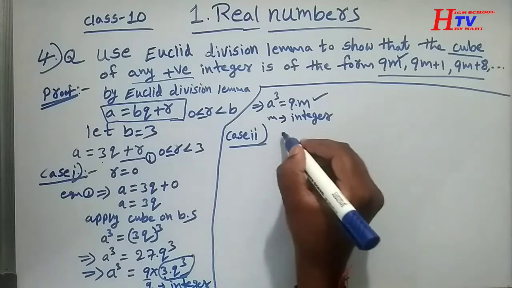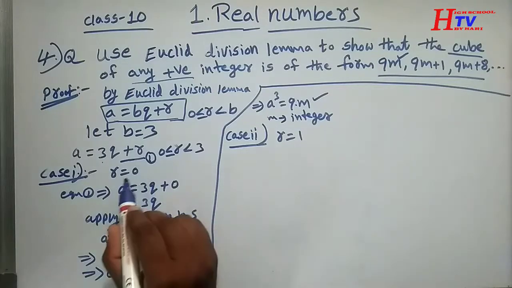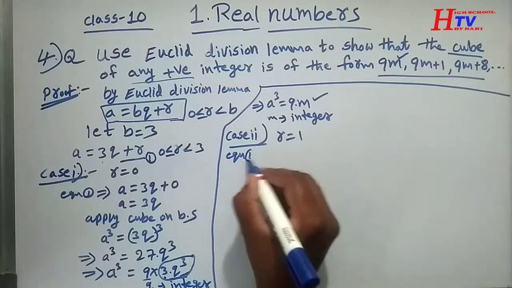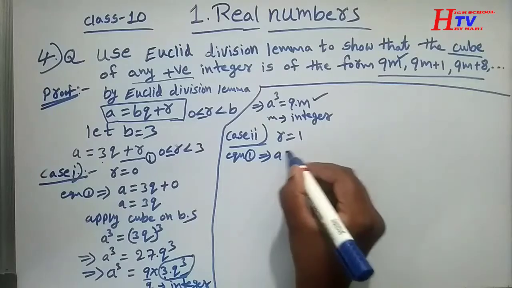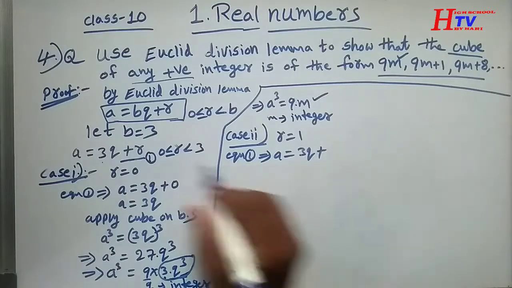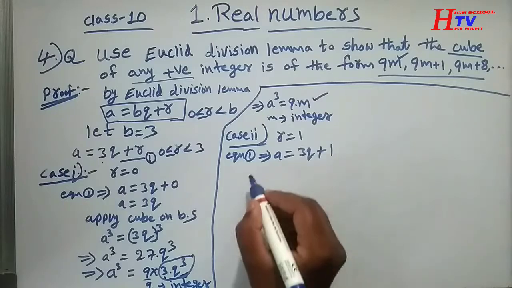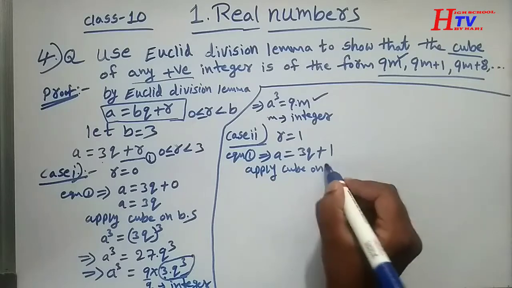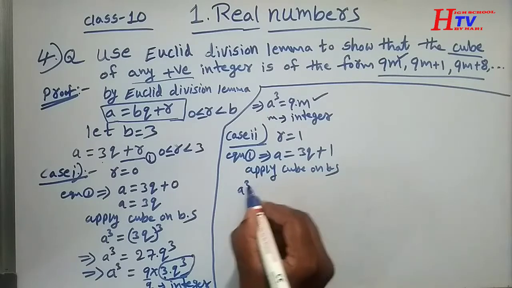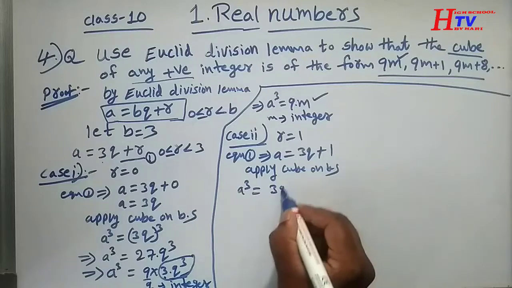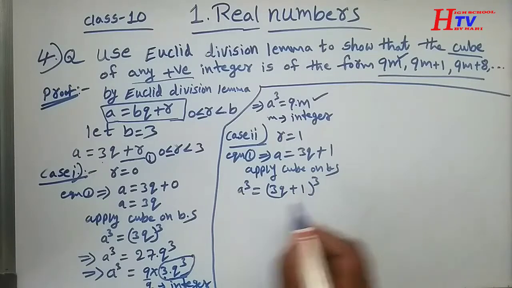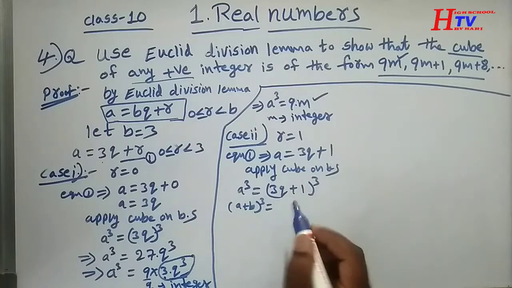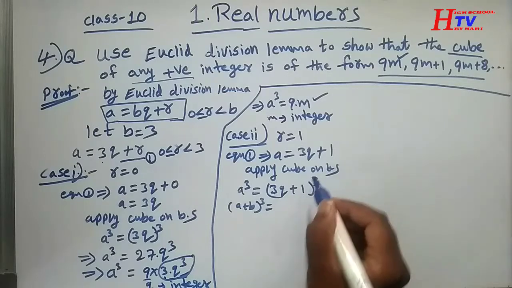Case 2: if remainder equals to 1. Here the first case was remainder 0, here remainder 1. Equation 1 implies a equals to 3q plus remainder 1. Now same, apply cube on both sides. Here a cube equals to 3q plus 1 whole cube. It is in the form of a plus b whole cube.